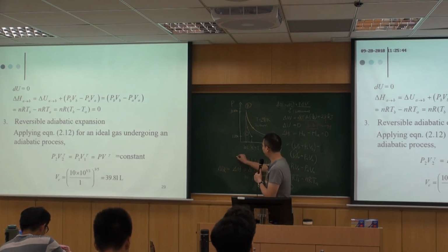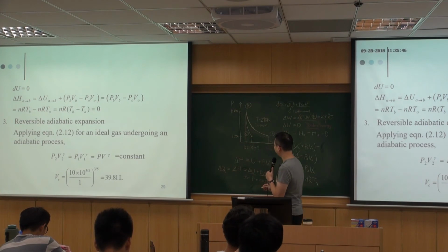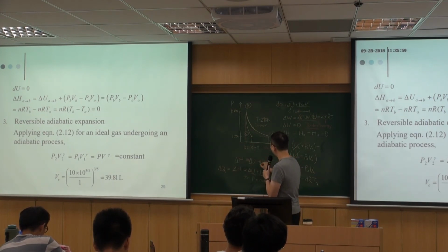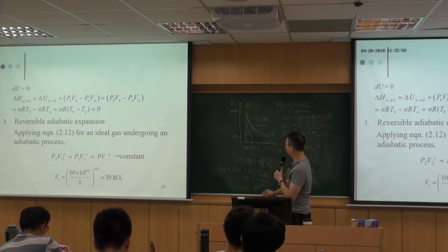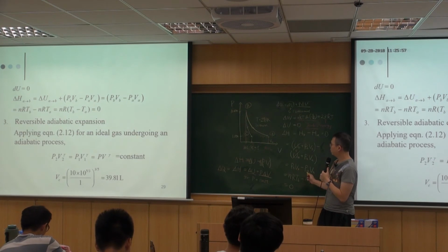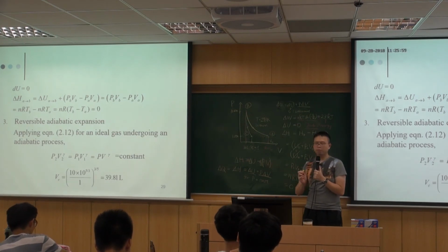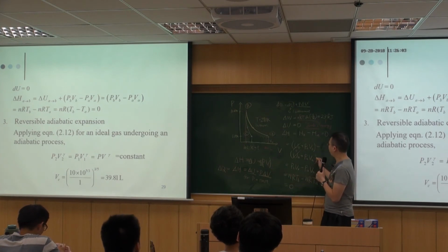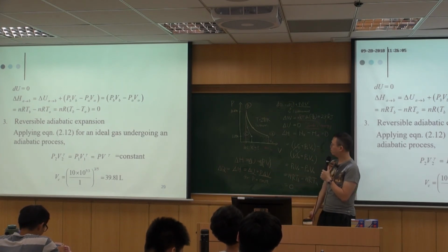Because in reality, you have delta U, and you also have delta PV. So this is what we're dealing with right now. We use the difference between the PV product, because we know that P is different for the final and the initial state.